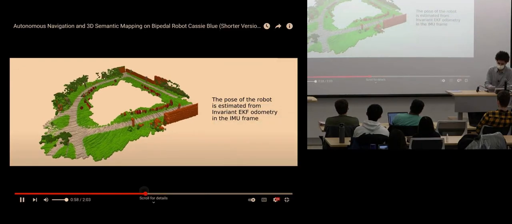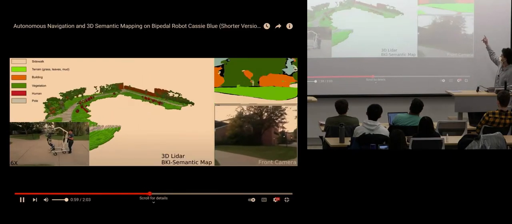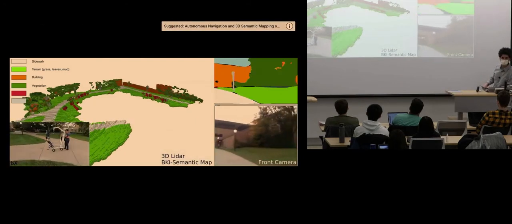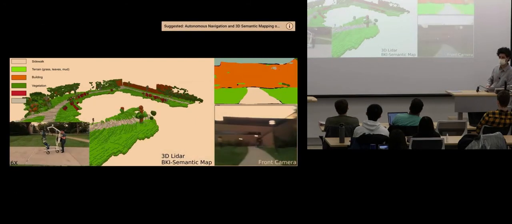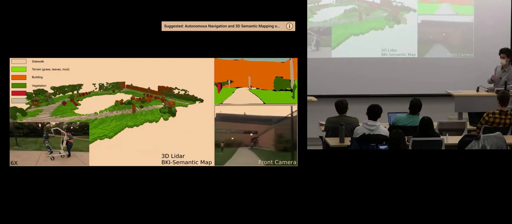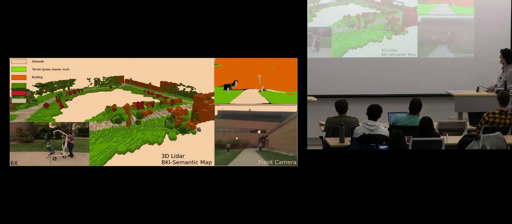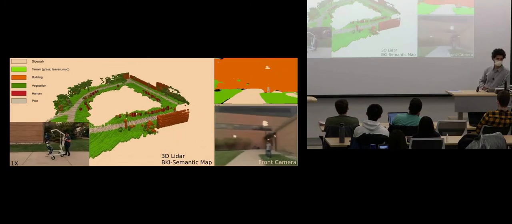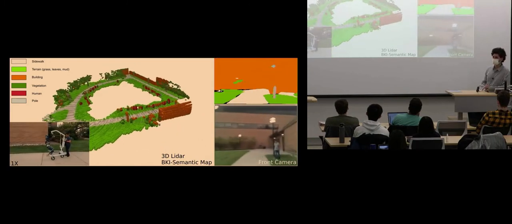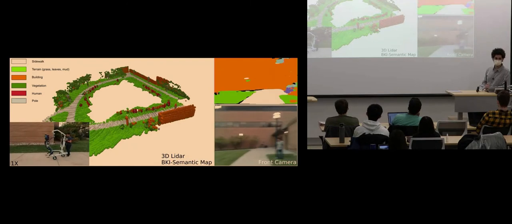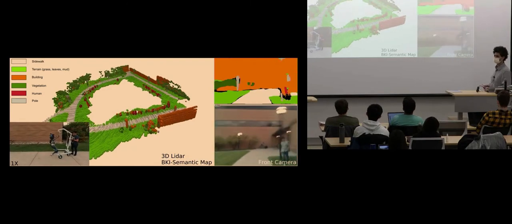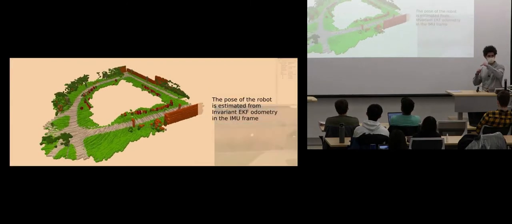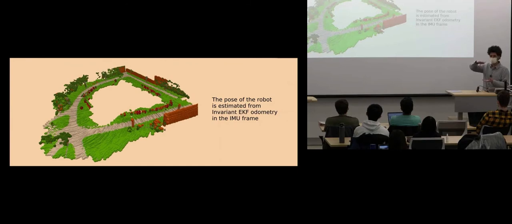The segmented image using a neural network is very noisy because we had to label a small data set on campus ourselves. There isn't any labeled data. And you will be amazed that the trajectory you see is only dead reckoning using an invariant EKF. It's not SLAM. But the tracking is good. There's a height drift, but the top view is very consistent.